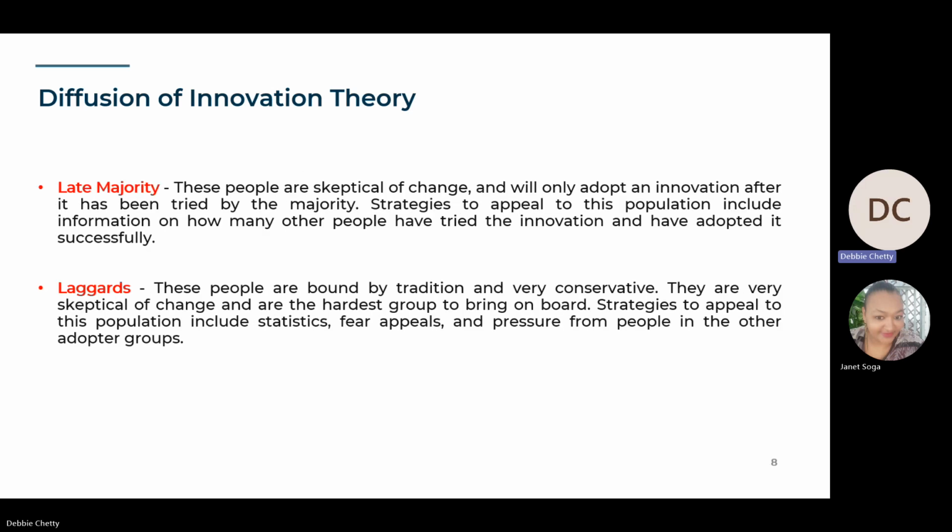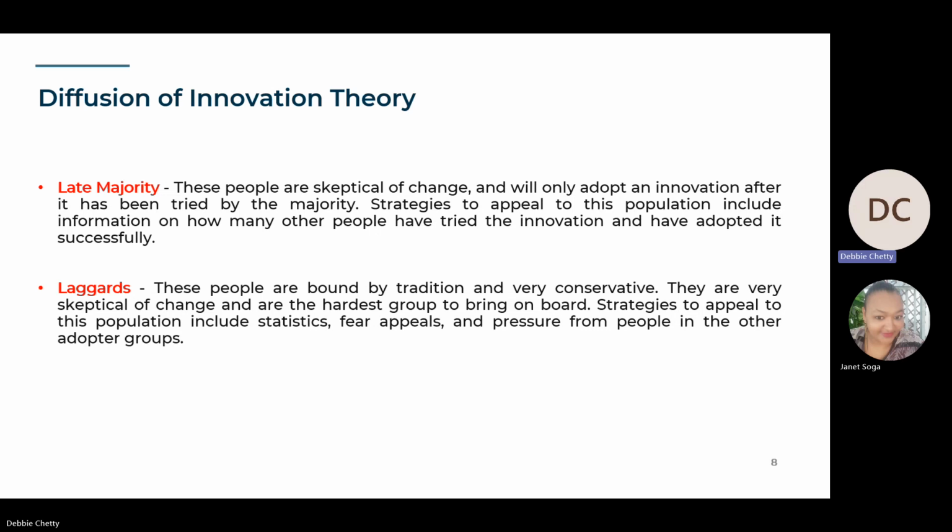Then you have the late majority. Now, these people are skeptical of change and will only adopt an innovation after it has been tried by the majority. So, strategies to appeal to this population include information on how many other people have tried the innovation and have adopted it successfully.